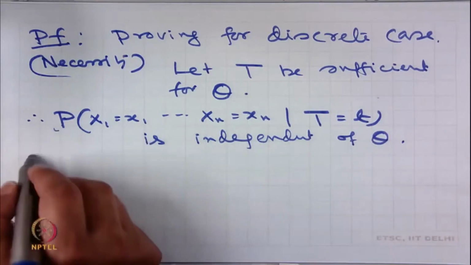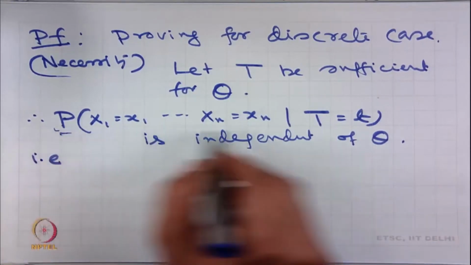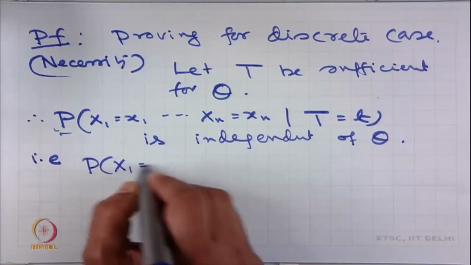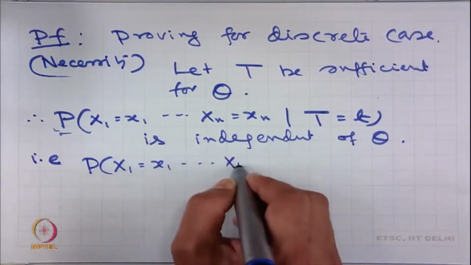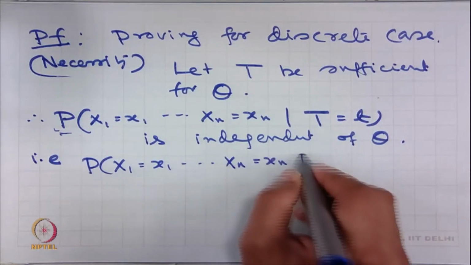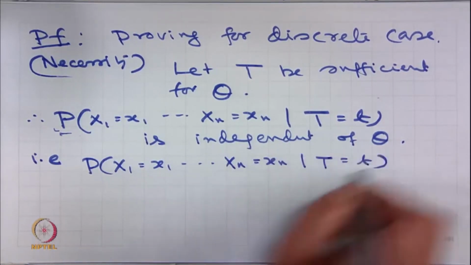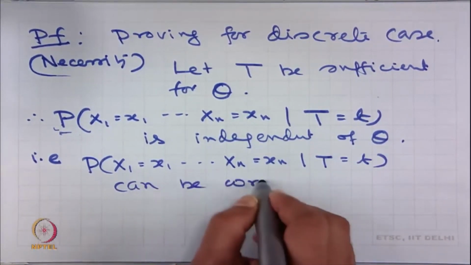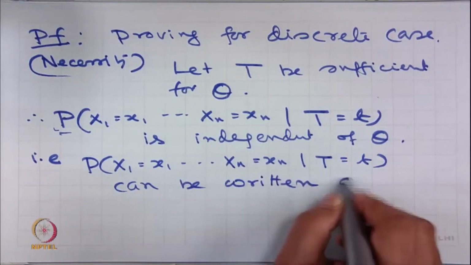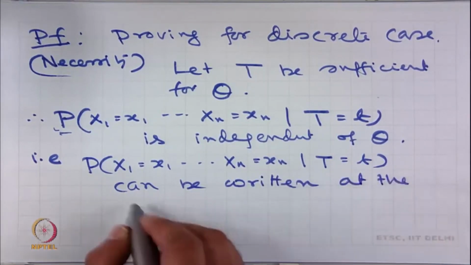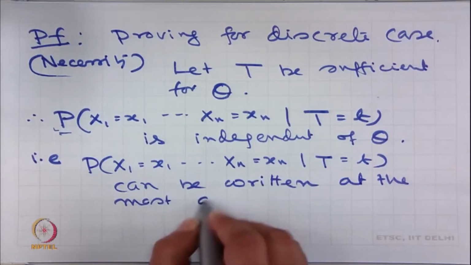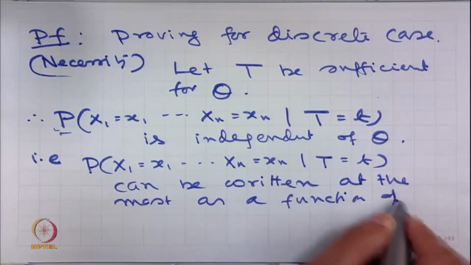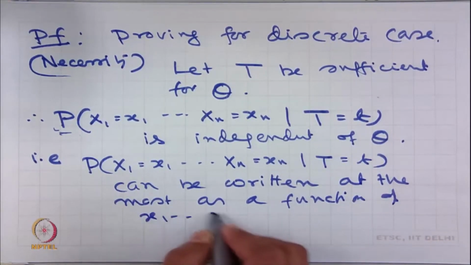That is, probability x1 is equal to x1 up to xn is equal to xn given t is equal to t can be written at the most as a function of x1, x2, xn.